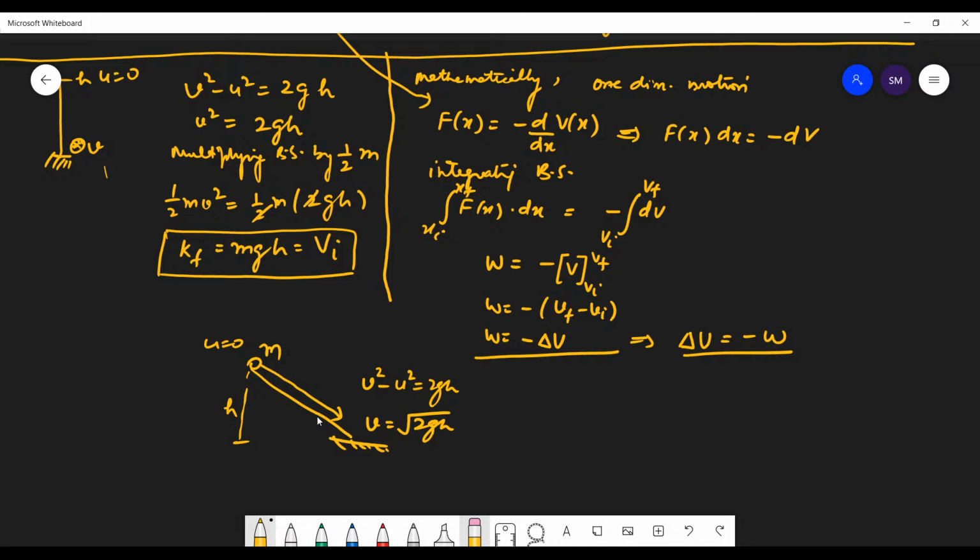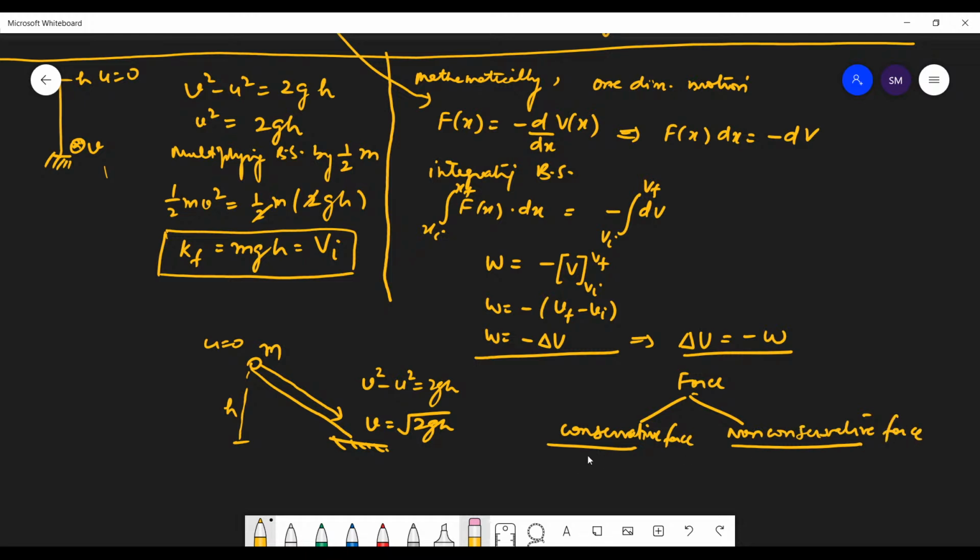So students, now we need to understand that the forces are of two types. One is conservative force and another is non-conservative force. So this is conservative force, this is non-conservative force.